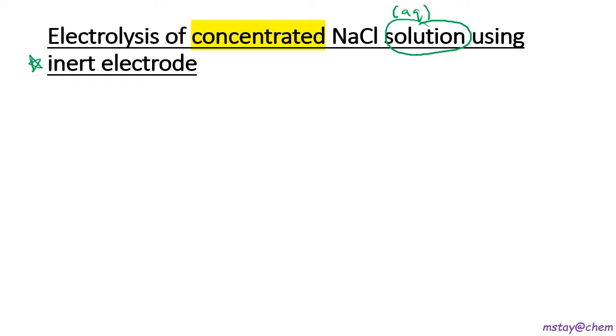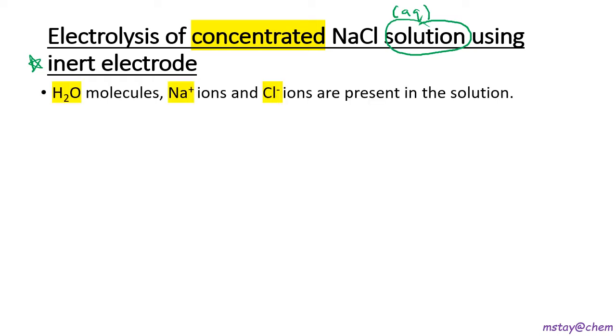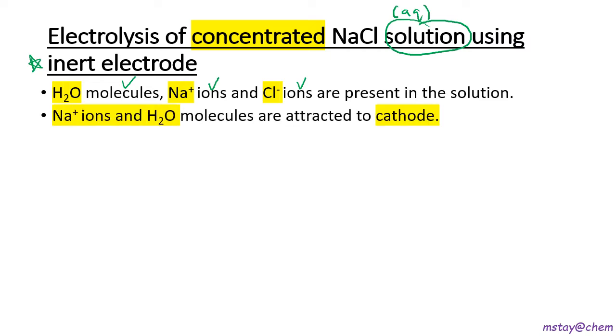Therefore, now there are water molecules, Na+ and Cl- present in the solution. So now we have to know which species are attracted to the cathode. We know that cations are attracted to the cathode, but in this case, besides the cation, water is also attracted to the cathode.